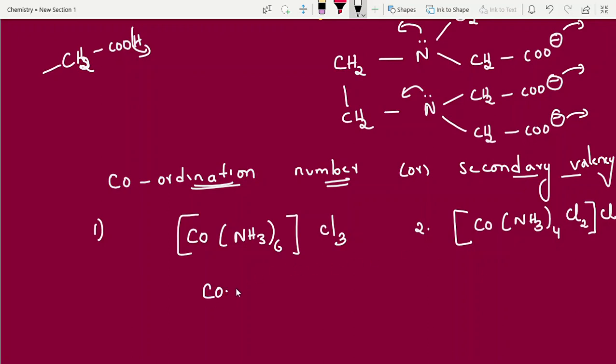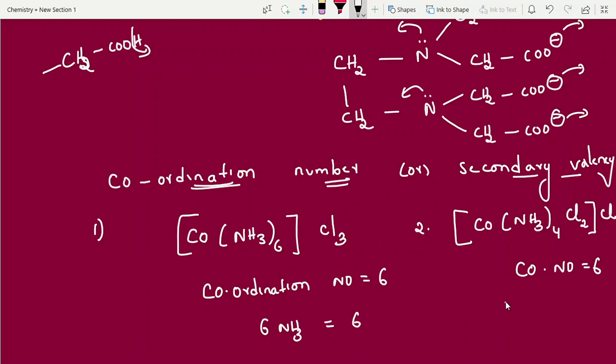Coordination number equal to 6. Here also coordination number equal to 6. Both are monodentate ligands. Here there is only one type of ligand. How many ammonia molecules are there? 6 ammonia molecules, coordination number 6. This is unidentate, this is also unidentate, right?